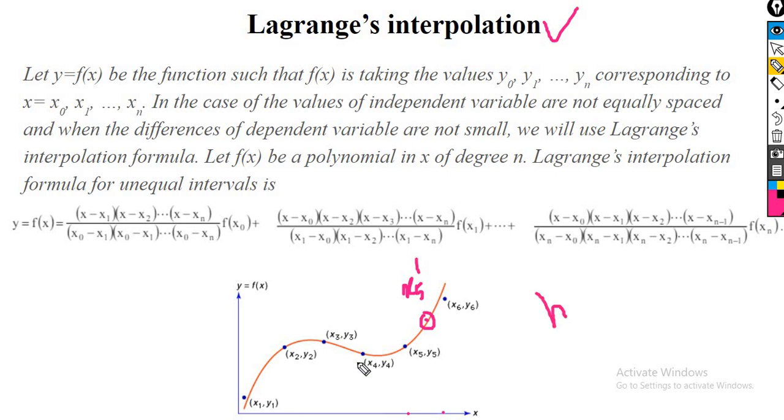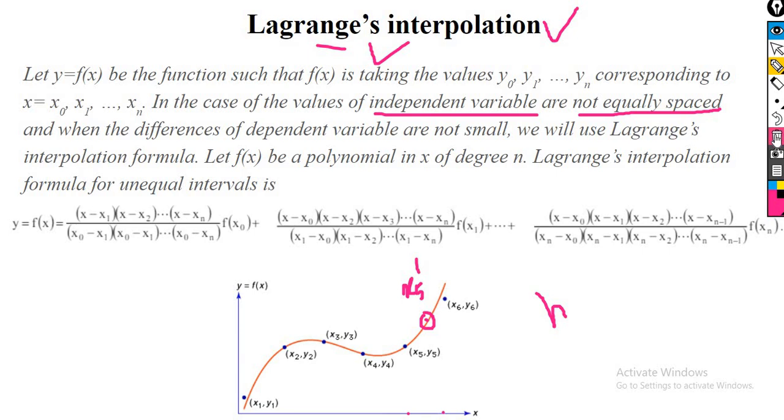But if the gaps between x1 and x2, and x2 and x3 are not equal, then the Lagrange method will be used. If the independent variables are not equally spaced, you can use the Lagrange method, which is the most important point. If the step size is equal, you can also use the Lagrange method. But this is the advantage of the Lagrange method over the Newton method.